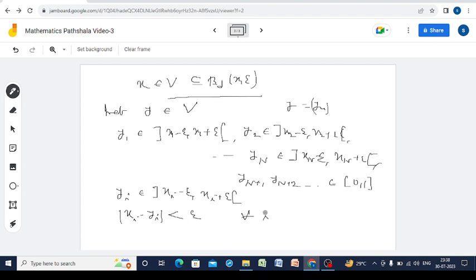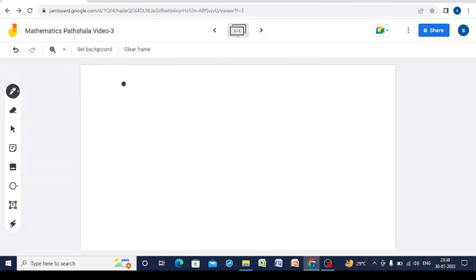for all i less than or equal to n, and also 1 by 2 to the power i times mod xi minus yi is less than epsilon by 2 to the power i, which is less than epsilon for all i less than or equal to n. And then for i greater than n, we will now calculate.